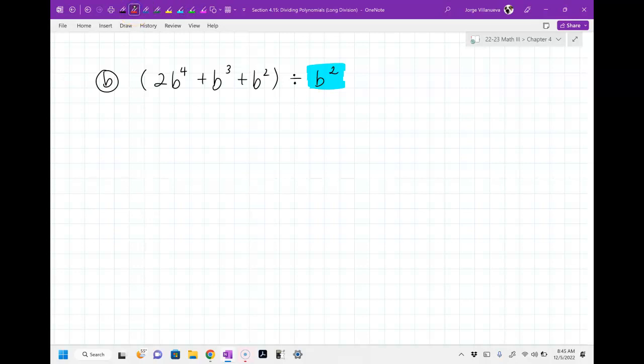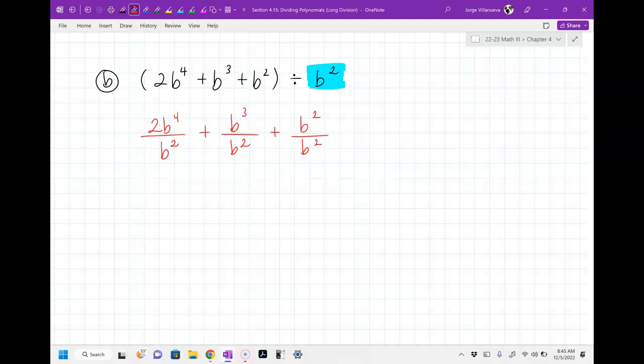So here we go. I am going to rewrite this, just like I did the previous one, and split it all up. So 2b to the 4th over b squared plus b to the 3rd over b squared plus b to the 2nd over b squared. All right, so I split it up.